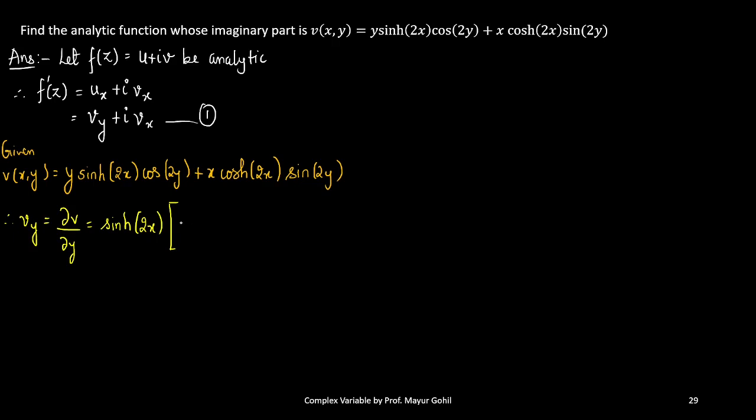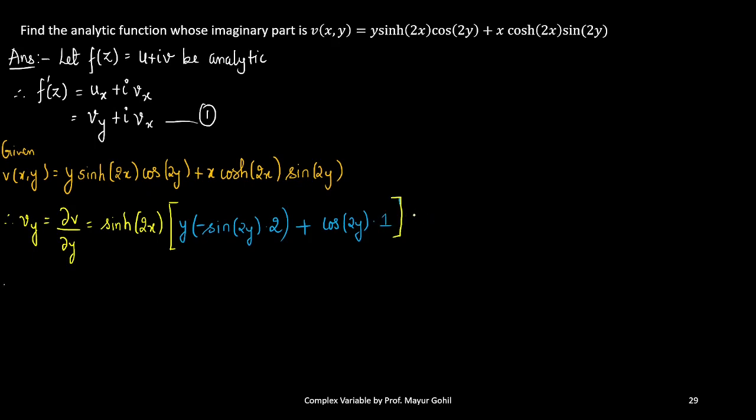So y will remain outside, and the derivative of cos 2y is minus sin 2y times 2, plus we will have cos 2y remaining outside, and the derivative of y is 1.